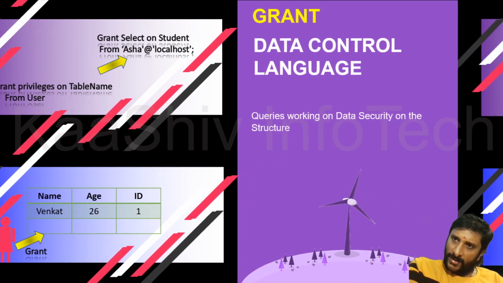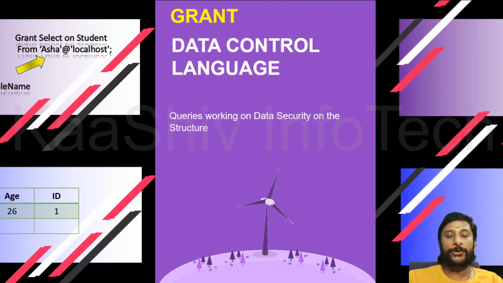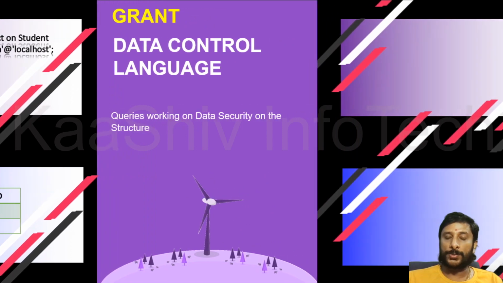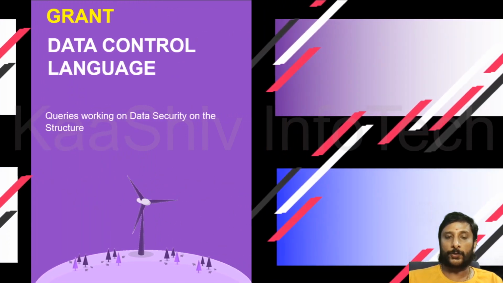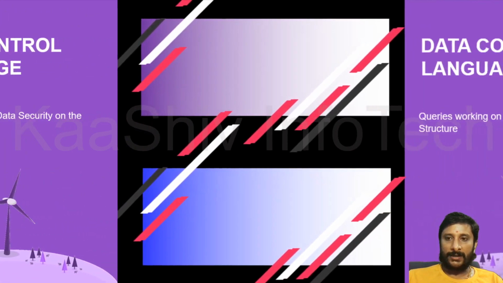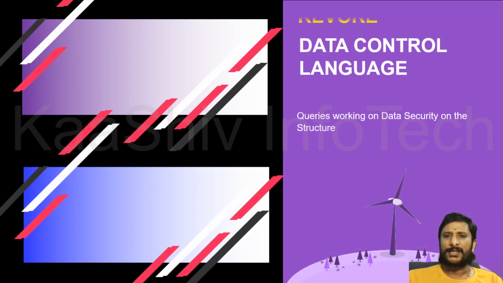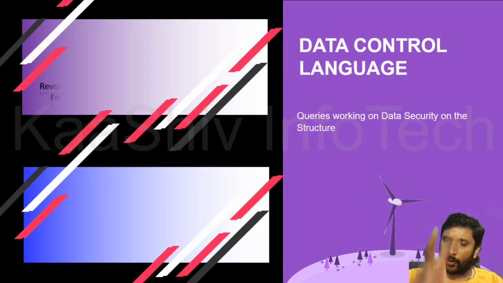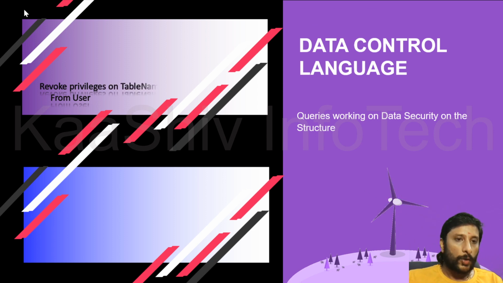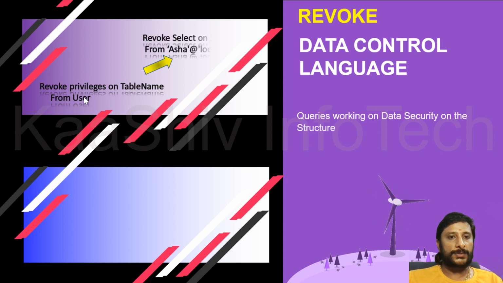Once I give a grant, obviously we'll have revoking. Now I'm going to talk about how the revoke option works in data control languages. It is the same command with REVOKE: revoke privileges on the table from the user.